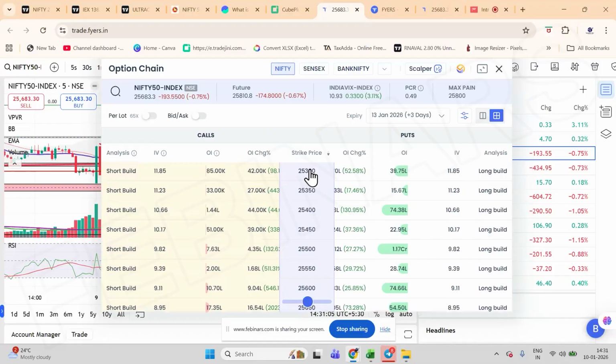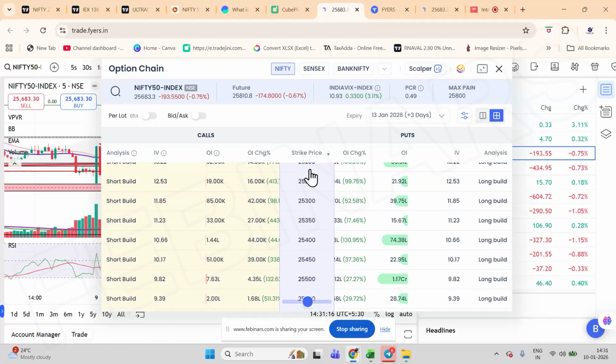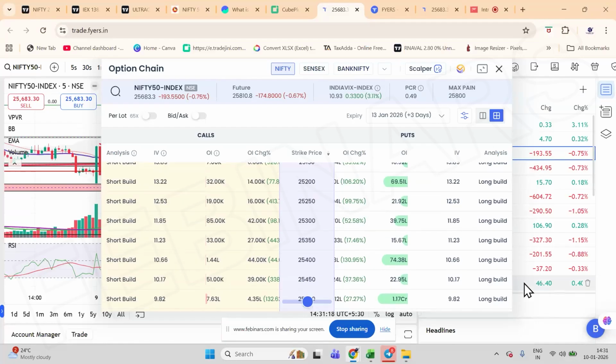There is some base, 25,500 good base is there. 1.17 crore the long build up is there. Above and below that, 25,400 and 25,200.